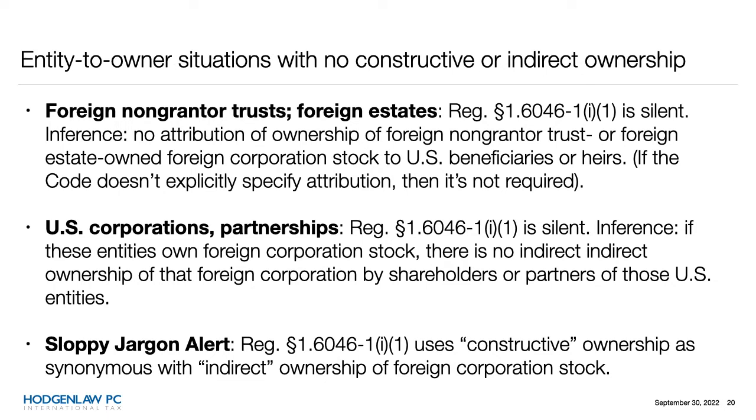So you don't have to look to the U.S. corporation's shareholders, for instance. And at the bottom, I'm just giving you an example of sloppy jargon where constructive ownership is used when I think they really mean indirect ownership. But that's just to give you an example of how careful you need to be when you think about it and you apply these concepts and you are thinking through, do I have indirect ownership, do I have constructive ownership, or do I have actual ownership or direct ownership?